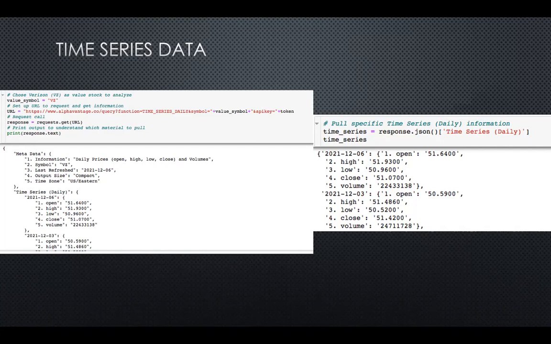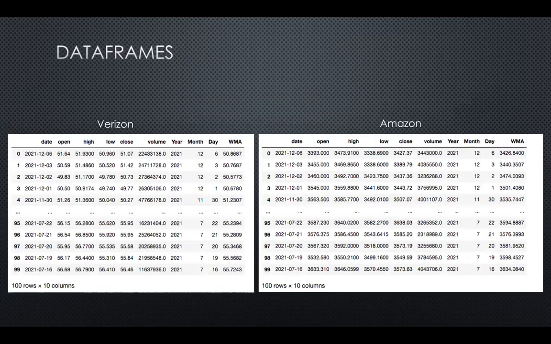And then after looking at the response, I was able to just get the time series daily key and data from that, which provides the open, high, low, close, and volume for each day. After cleaning up the data and typecasting to floats, I was able to create a pandas data frame for each, Verizon and Amazon, as you can see.